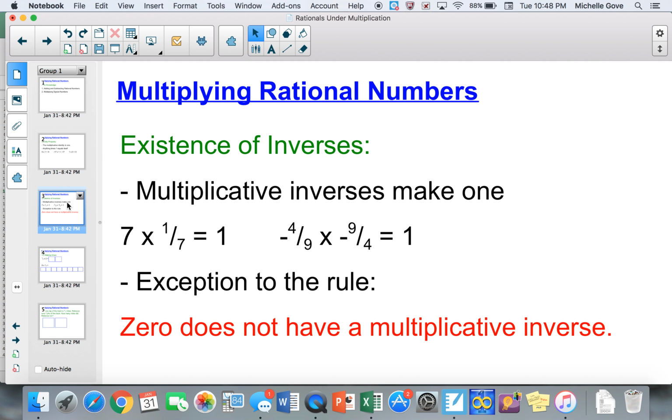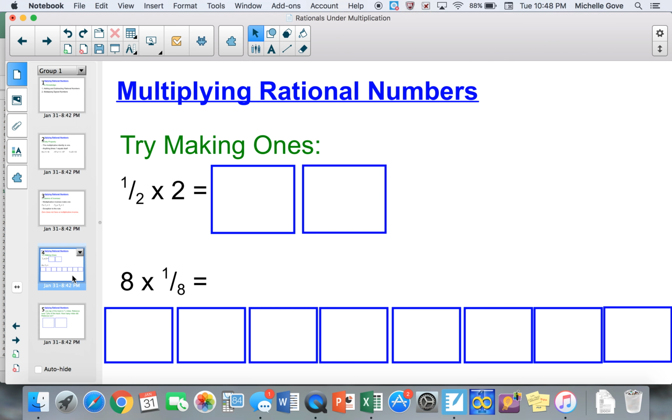So let's try this and see a few different examples. We have 1/2 times 2, and so we want to see why this equals 1. There are two different ways we can do this, and I'm going to start with the first: multiplication is repeated addition. So I have 1/2, and we're going to add it twice.